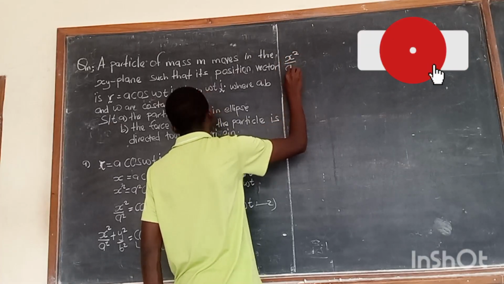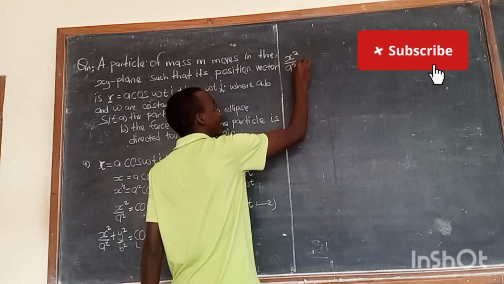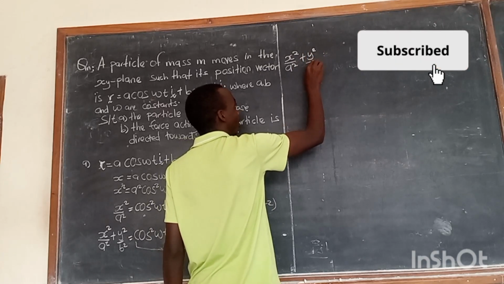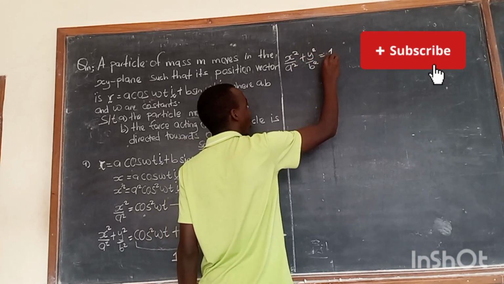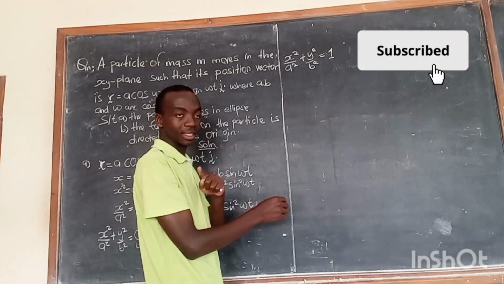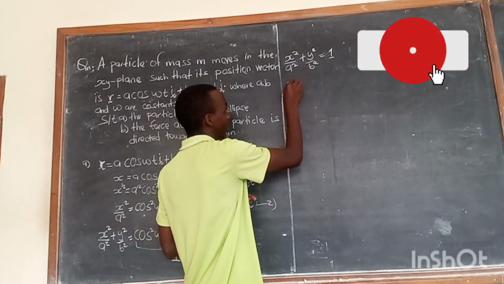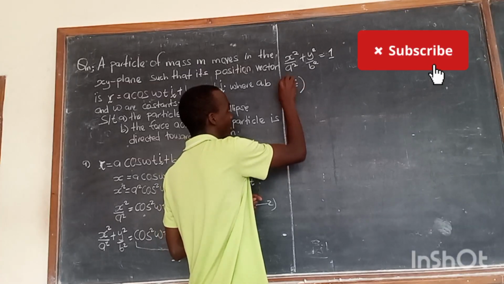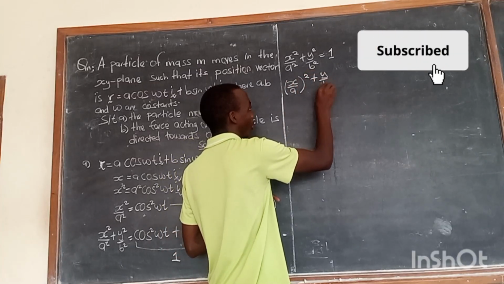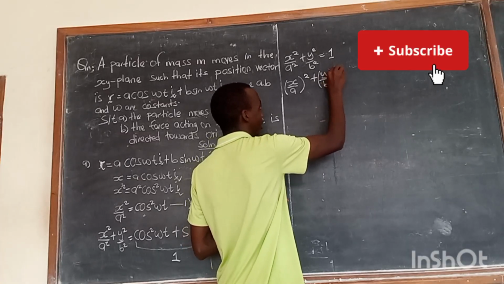So that means that in the end, we shall have x squared over a squared plus y squared over b squared equals 1.